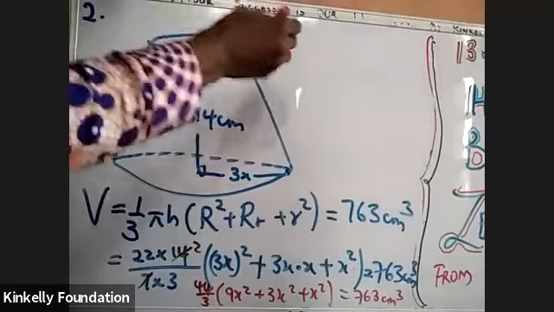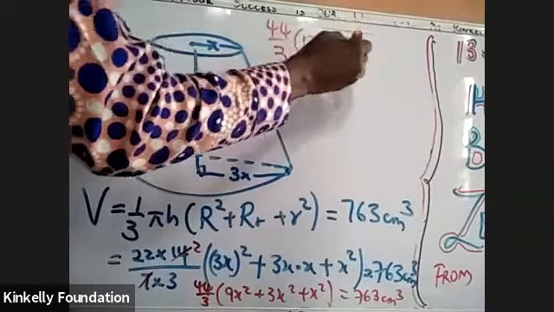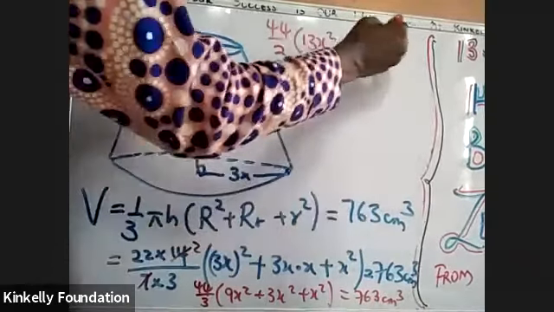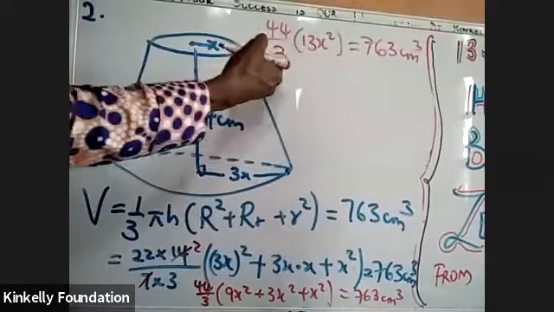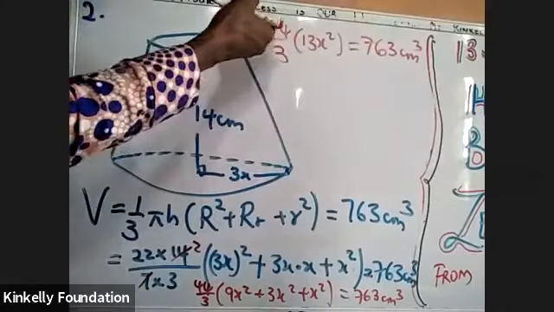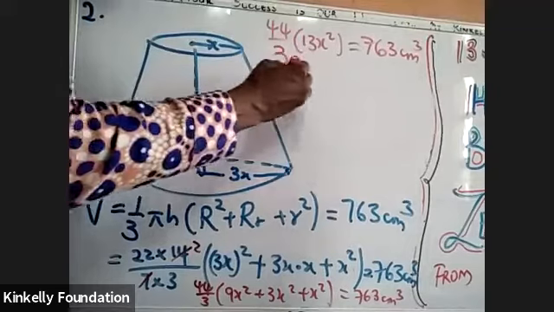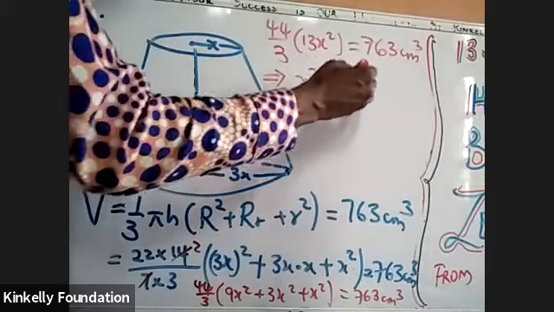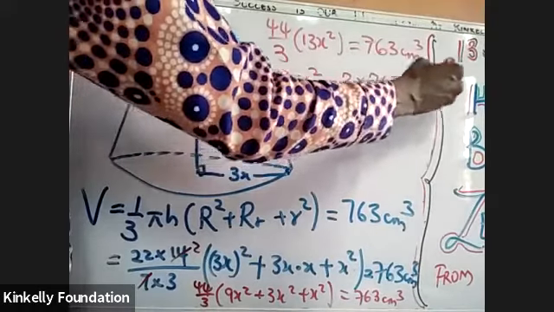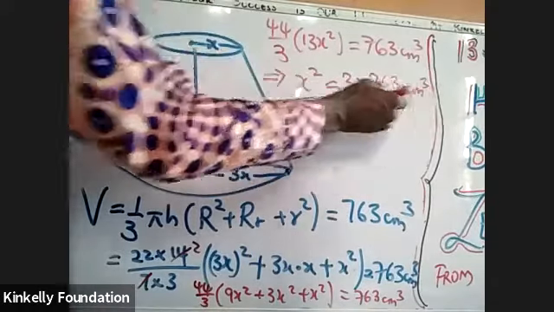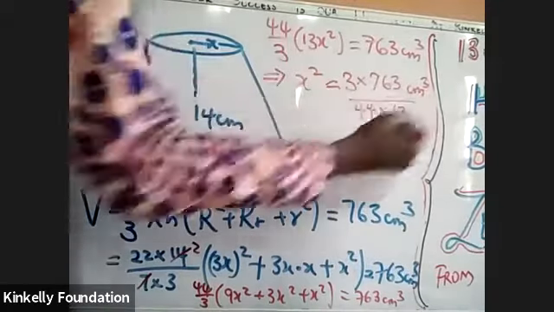We have 44/3 times 13x squared equal to 763 cm cube. This is divided by 44 and 13, which gives us x squared equal to 763 cm cube all over 44 times 13.